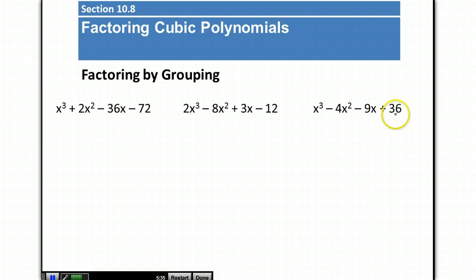We have a four-nomial. Factoring by grouping, what do the first two terms have in common that we factor out? X squared. If we factor out an x squared, what do we have left? X minus 4. What do those two terms have in common we factor out?